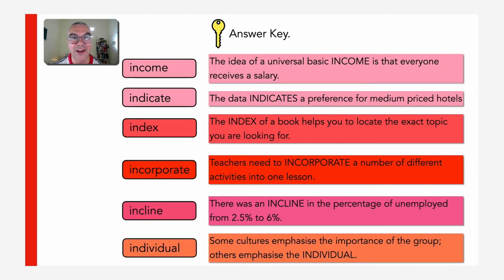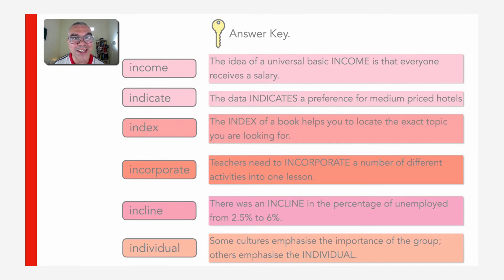And then incline, meaning rise. There was an incline in the percentage of unemployed from 2.5% to 6%. Lastly, we have individual. Some cultures emphasize the importance of the group. Others emphasize the dance.